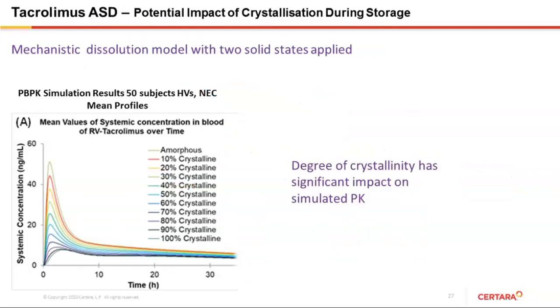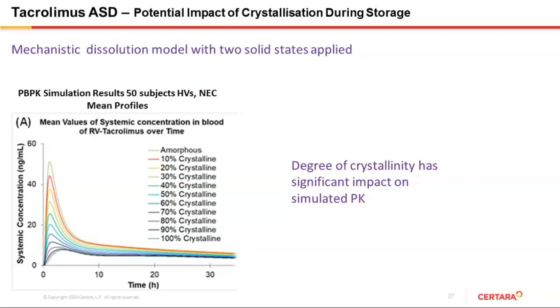So when we ran the PBPK simulations with 50 subjects in healthy volunteers and the North European Caucasian population, the simulations are predicting that the degree of crystallinity has a significant impact on the simulated PK. There are no human data yet available to verify this model.